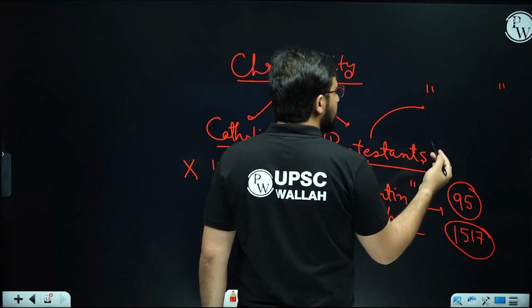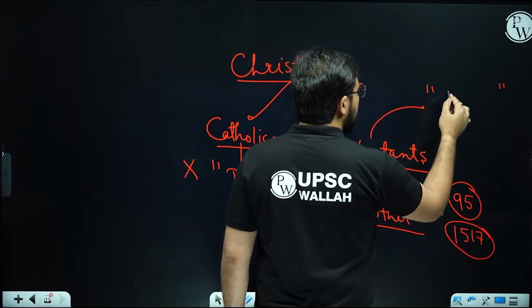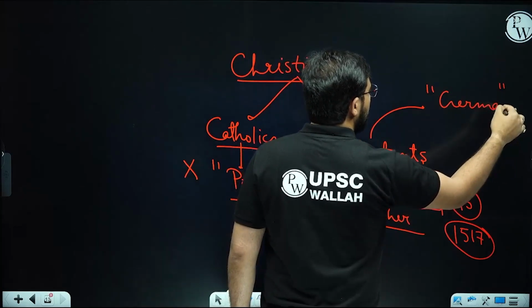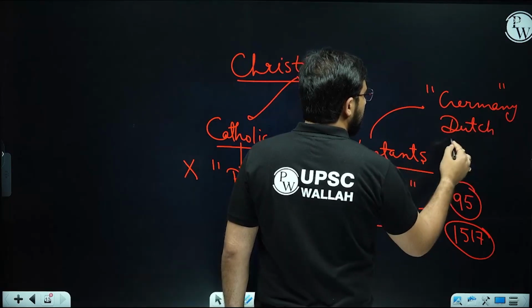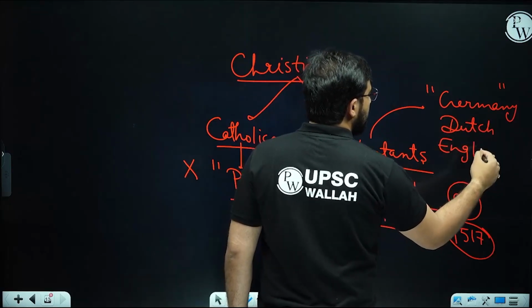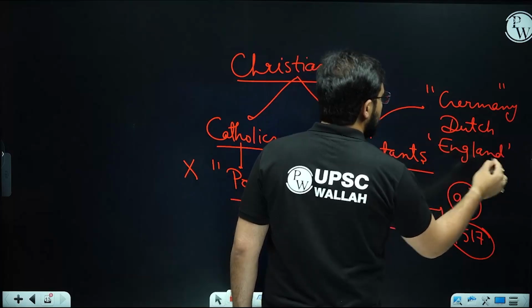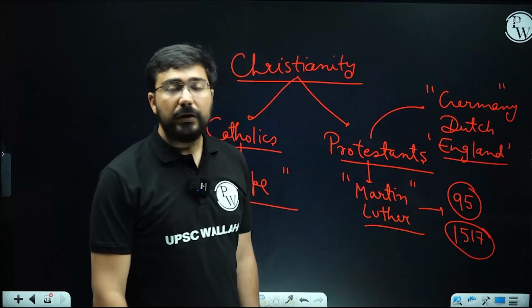Protestants became prominent in places like northern Germany, the Dutch, and even England became a Protestant country where the state had control over the church.